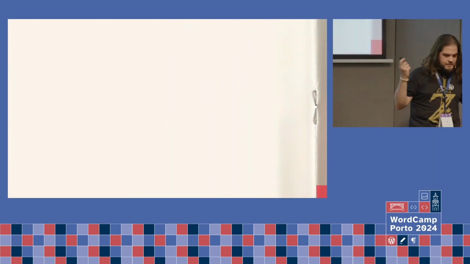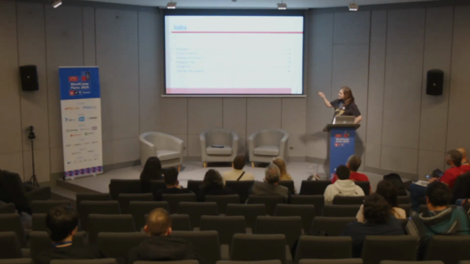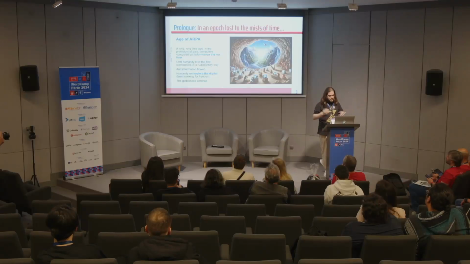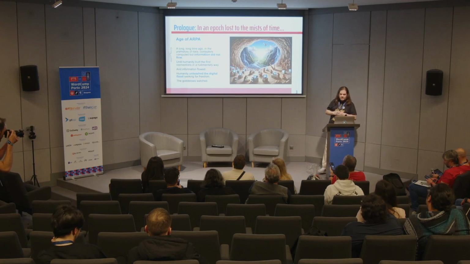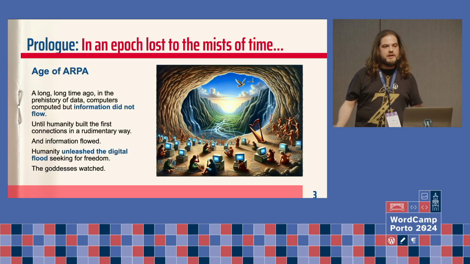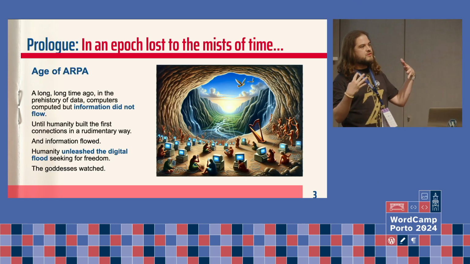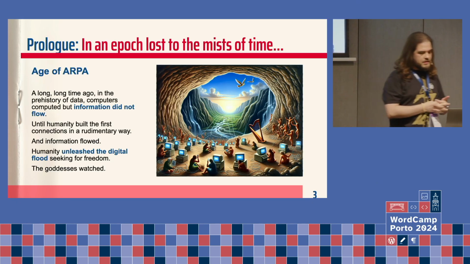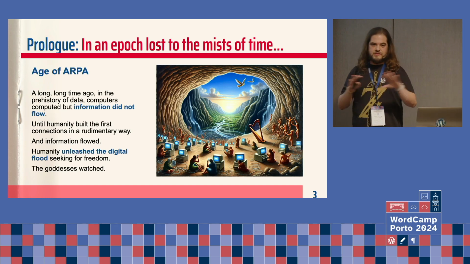Well, first of all, you always have the index, of course. And this begins with the lore, the context of this game. In an epoch lost to the mist of time, there were computers, but computers were not interconnected among them, so information did not flow at all.